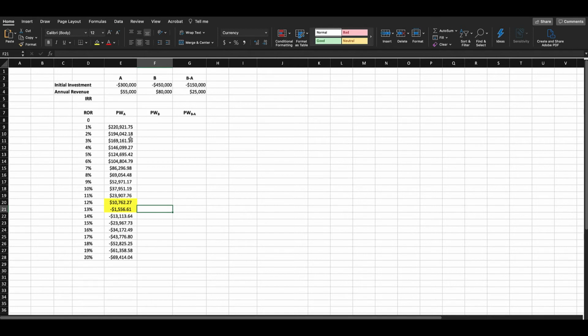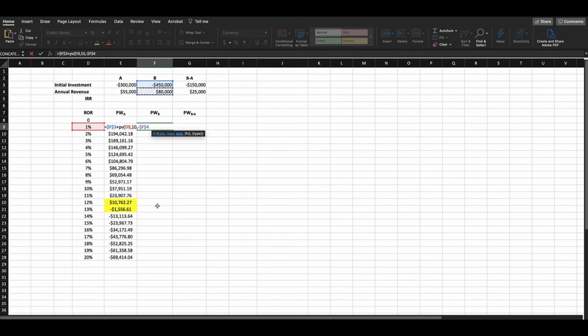So what I'm going to do is to calculate the present worth for alternative B as well. So that's going to be negative $450,000 plus present value of this annual cash flow at 1%. Number of periods is 10, and the annual payment is $80,000, and I have to lock that cell as well.